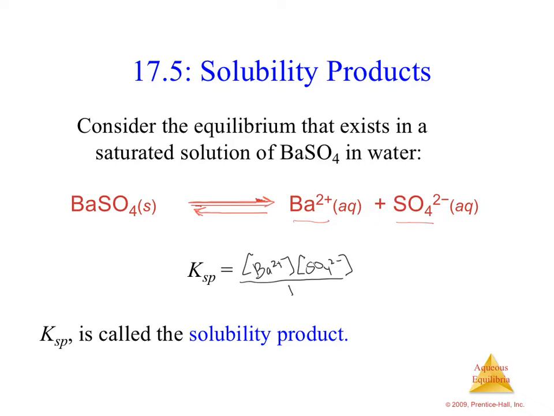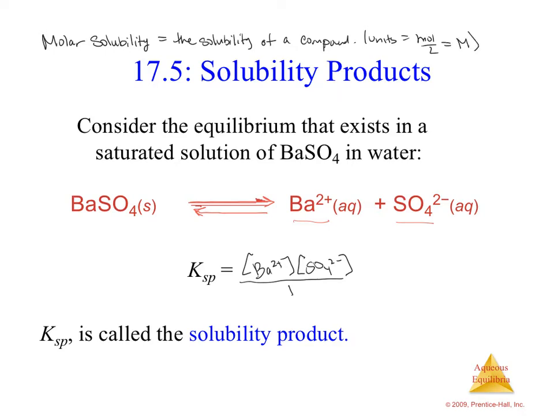One important thing to note is something called a molar solubility. Write the definition up here. Molar solubility. It's the solubility of a compound, and the units are moles per liter, which remember is the same as molarity.